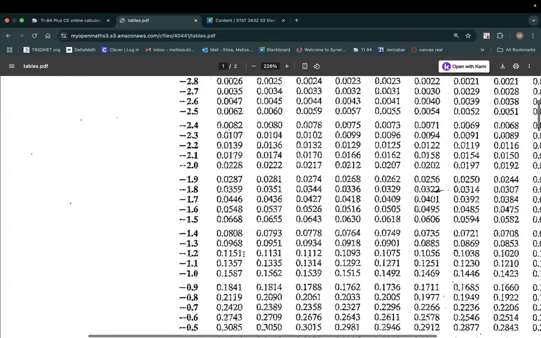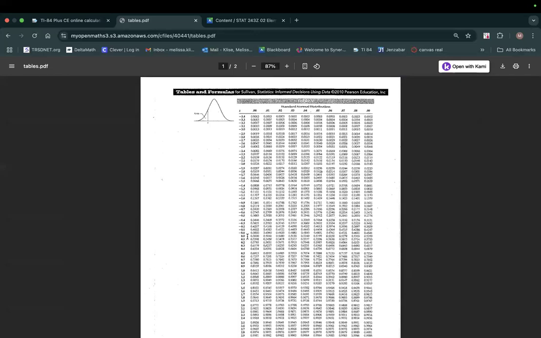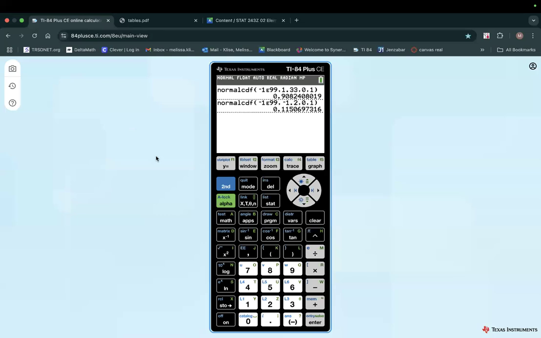Usually, I really like the elegance of the Z table. For less than, I probably will jump to a Z table. But if we're dealing with greater than, dealing with the Z table is okay, but you just have to do 1 minus. Dealing with your calculator is much easier.